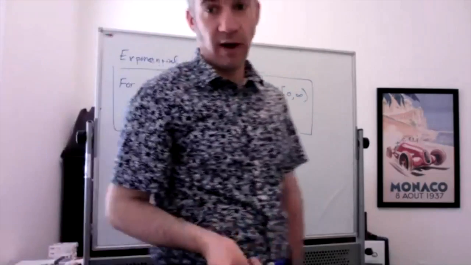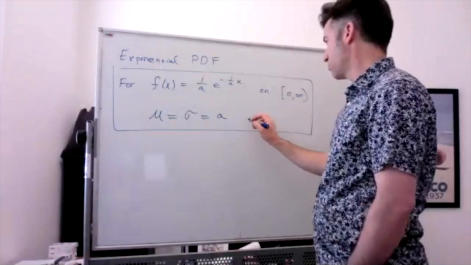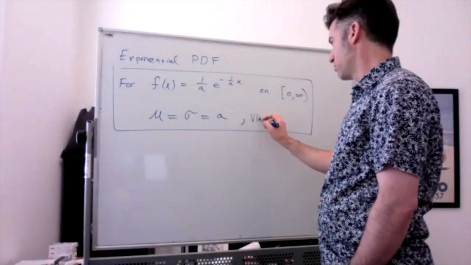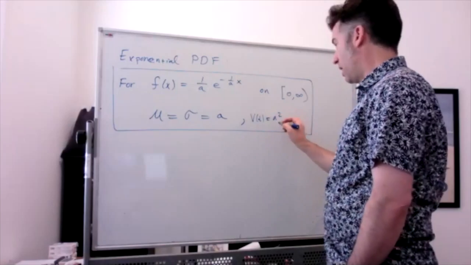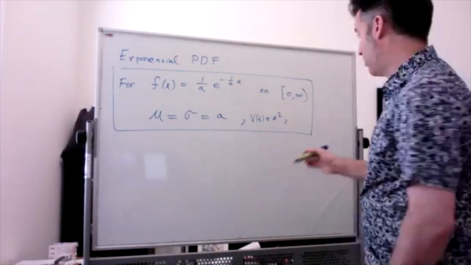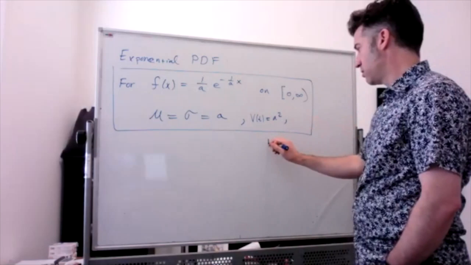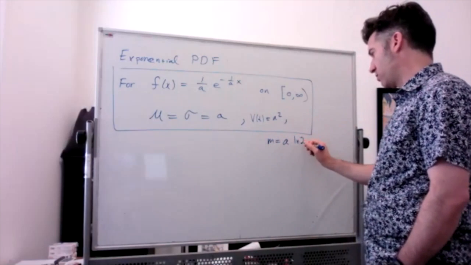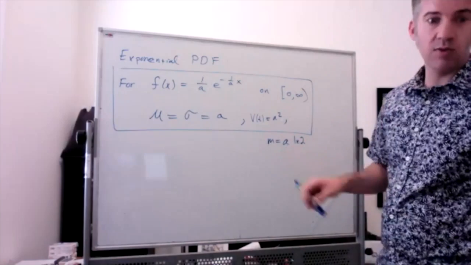Which also means the variance is a squared. And I'm just going to throw it in there as well, that the median is equal to a times the natural log of 2. That is also true.